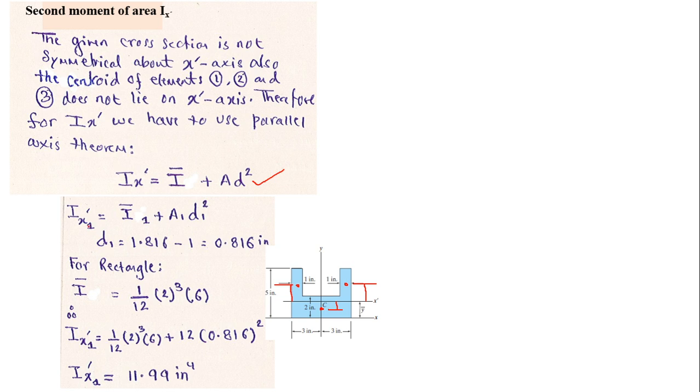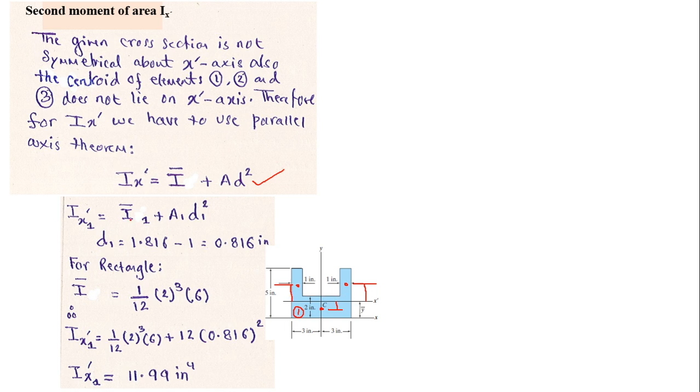I have used subscript 1 for this constituent element. Remember, it was our shape 1, and I am going to use the parallel axis theorem on this constituent shape 1, a simple rectangle.